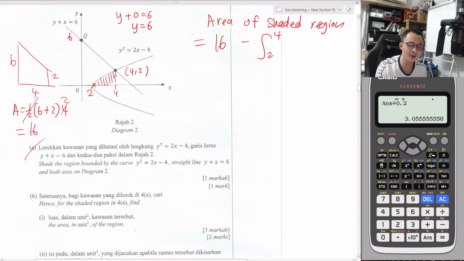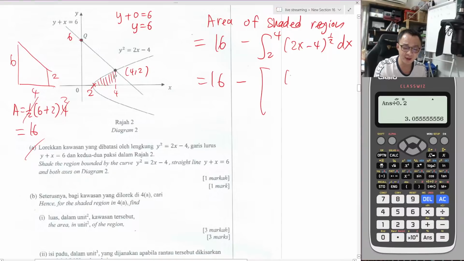This must be y dx, cannot be y squared. So my y will be the square root of 2x minus 4, power half. I insert this in: (2x minus 4) power half dx.